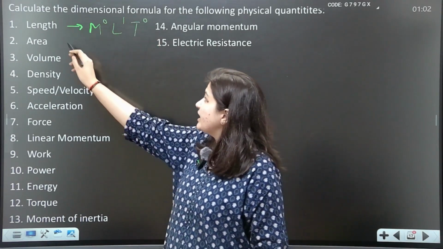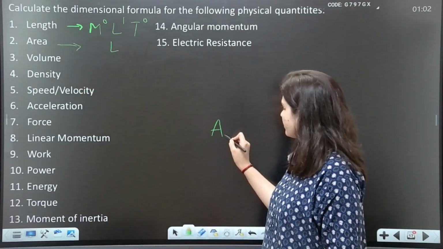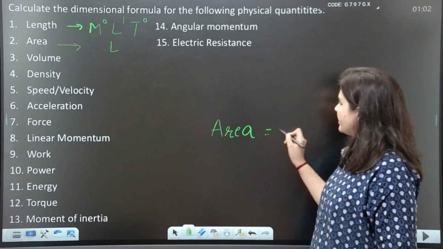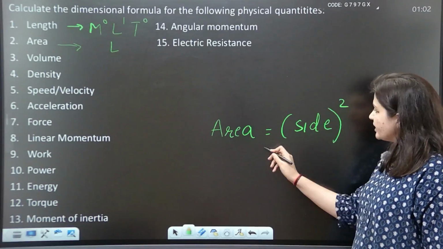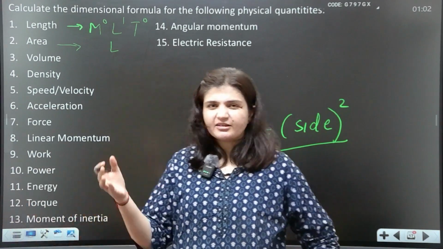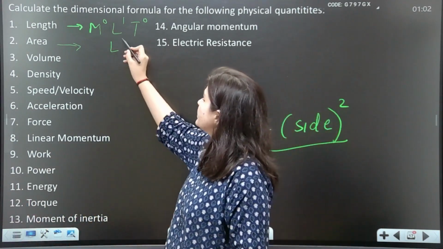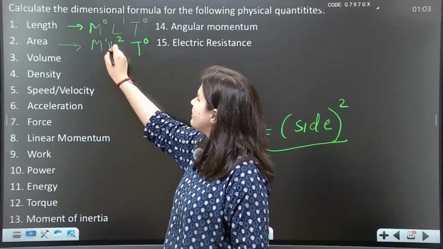Area: what is area? Area is side square, so area is dependent on the length, so it is L square, T to the power 0 and M to the power 0.